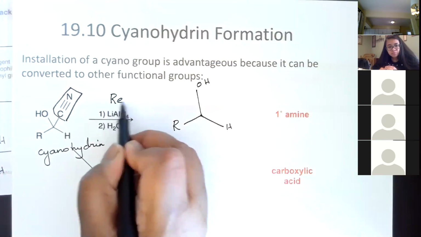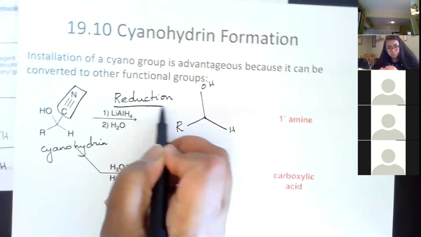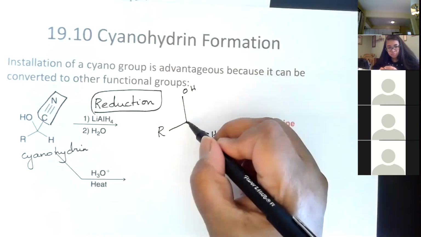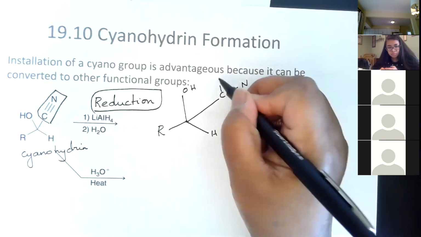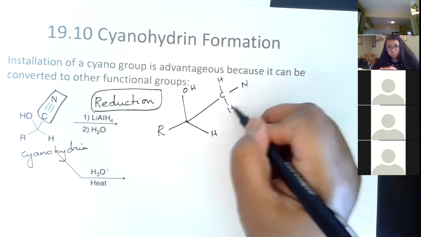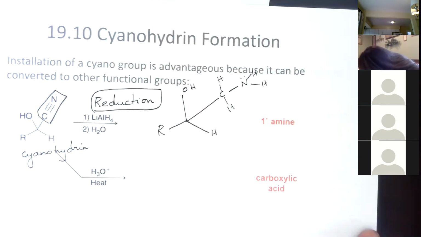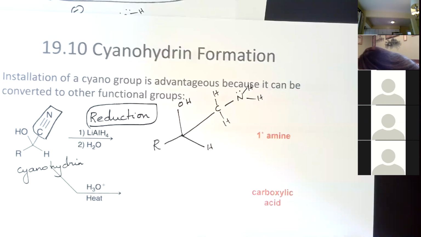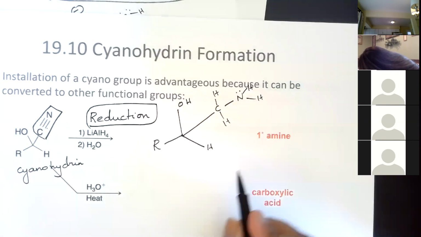This is a reducing agent, so it completely reduces the carbon and the nitrogen. So what happens? The double bonds. It's more like adding hydrogens. It's like an alkene being reduced. You see that?